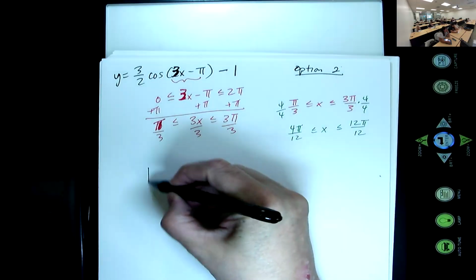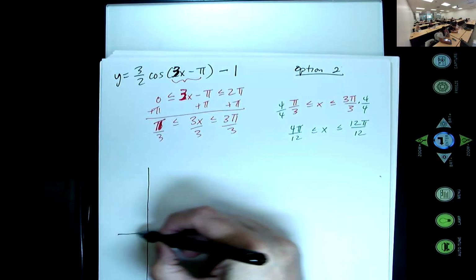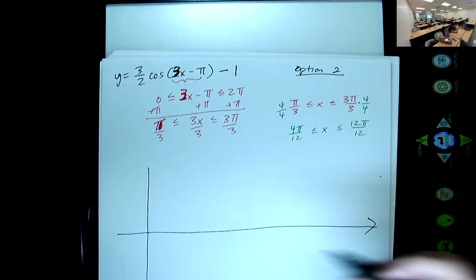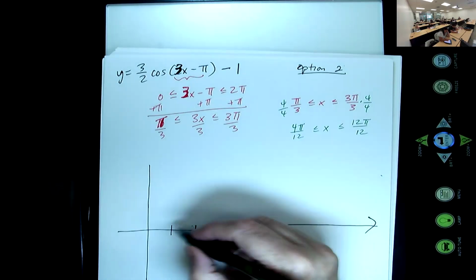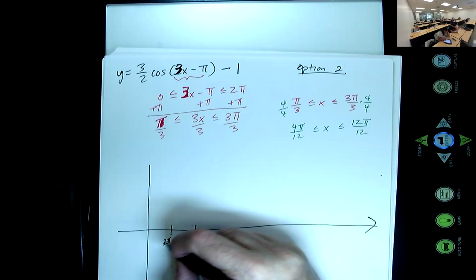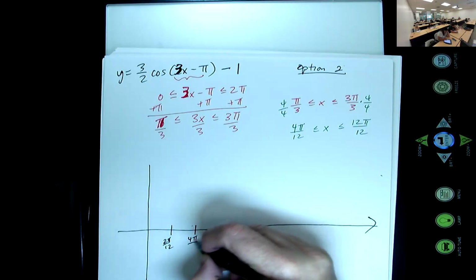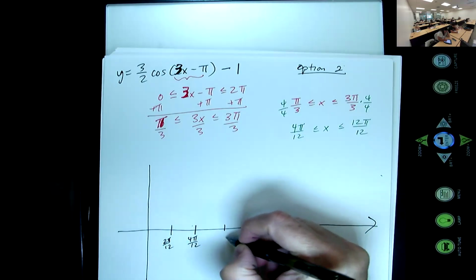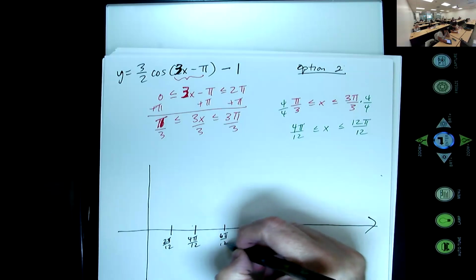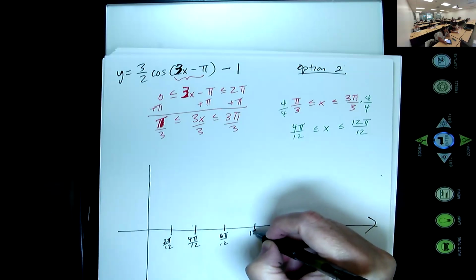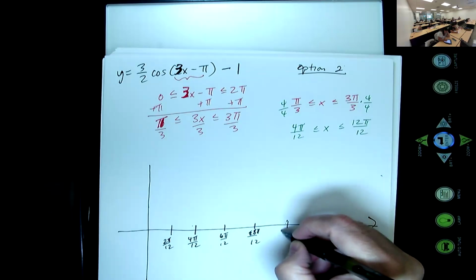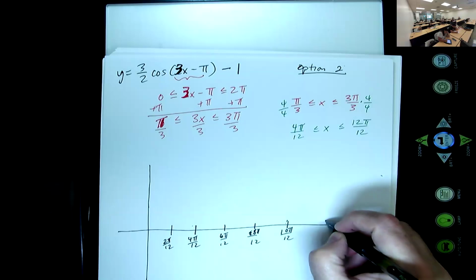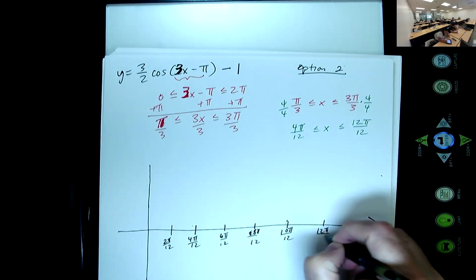So what we have here is now we are not gonna have to move along x anymore. If I say that's 2 pi over 12, I'm spacing it like this. That's 6 pi over 12, 8 pi over 12, 10 pi over 12, and 12 pi over 12.